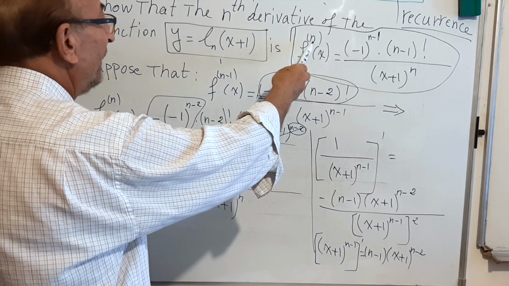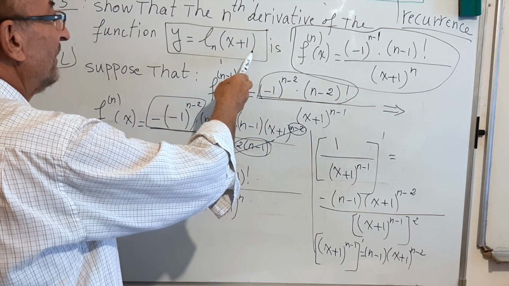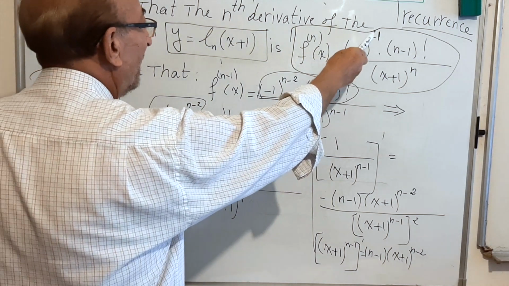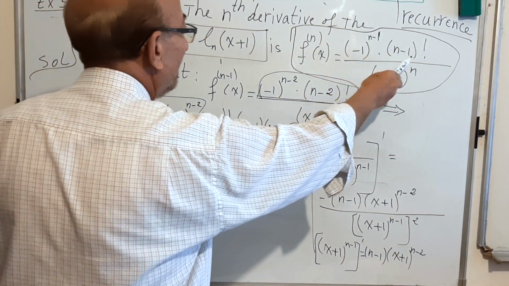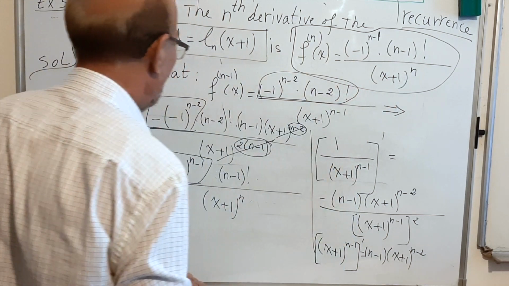The nth derivative of ln x plus 1 is minus 1 power n minus 1 times n minus 1 factorial over x plus 1 to the power n.